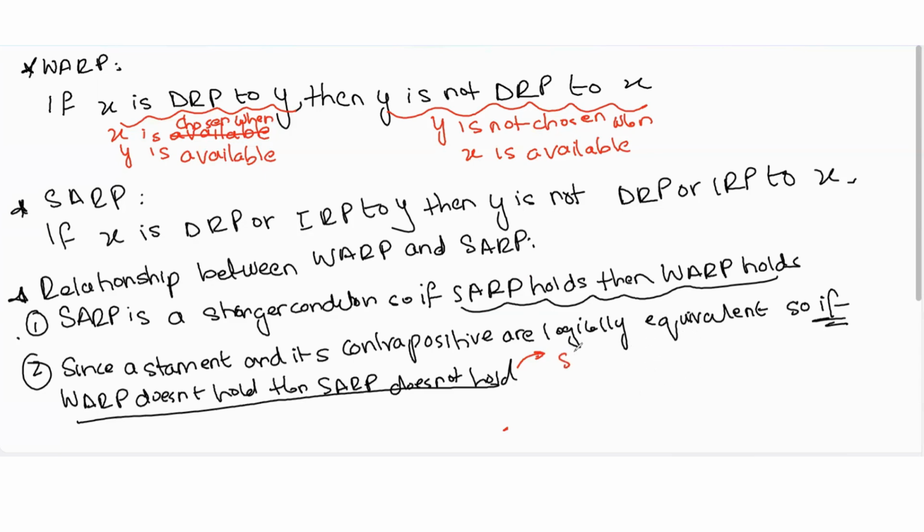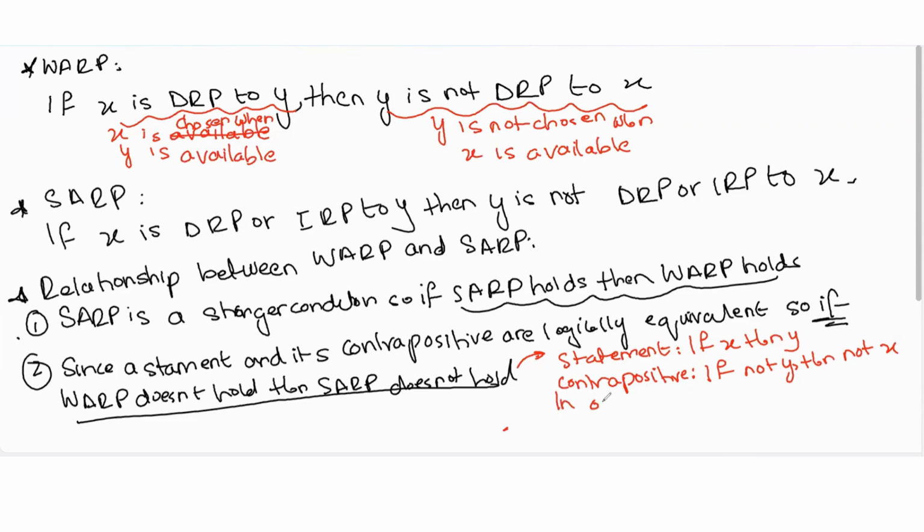If you have a conditional statement, if X then Y, then its contrapositive is if not Y, then not X. A statement and its contrapositive are logically equivalent. They have the same truth value. If the statement is true, then the contrapositive is true.